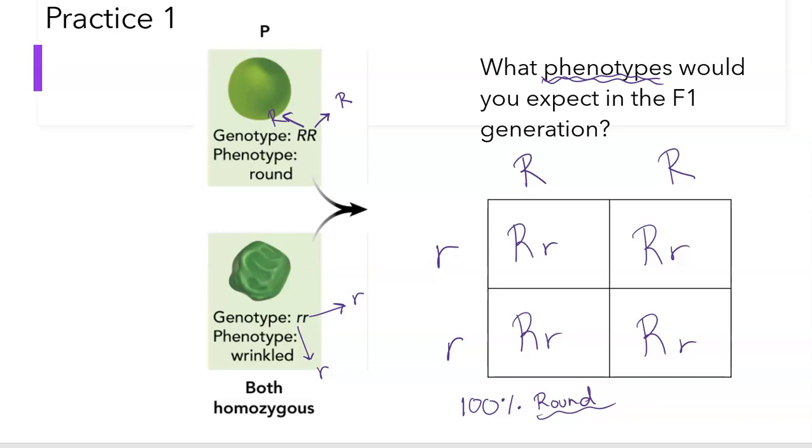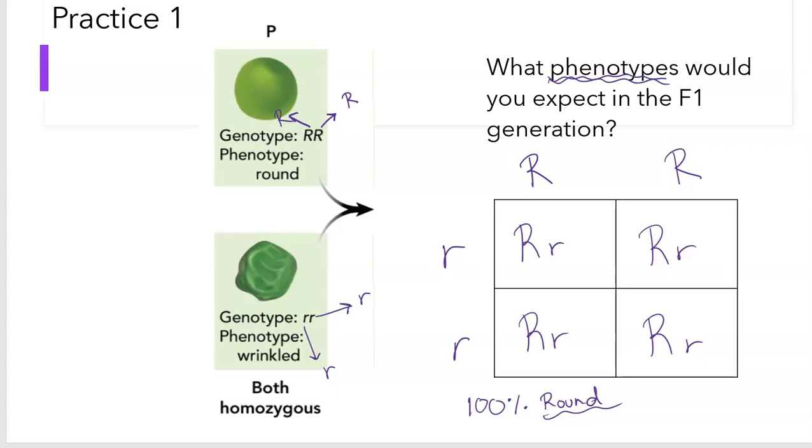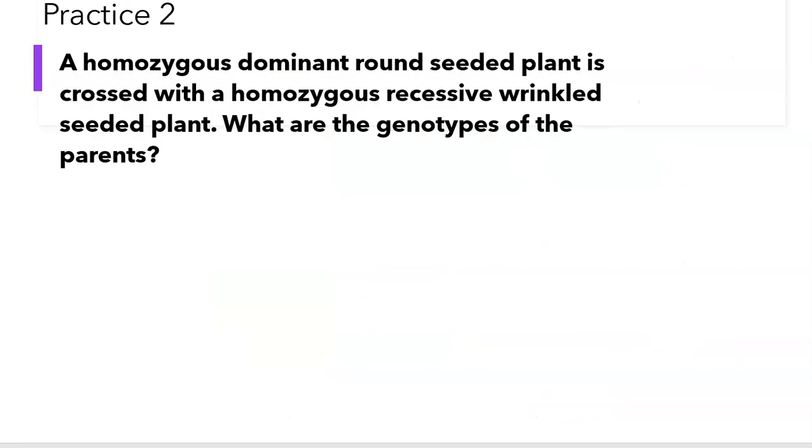Example number 2. A homozygous dominant and round seed plant is crossed with a homozygous recessive wrinkled seeded plant. What are the genotypes of the parents? For this one, we don't have to do a cross. It's just asking the genotypes of the parents.